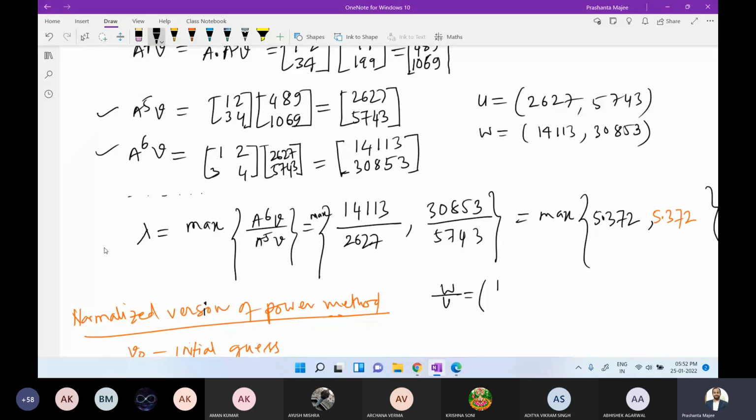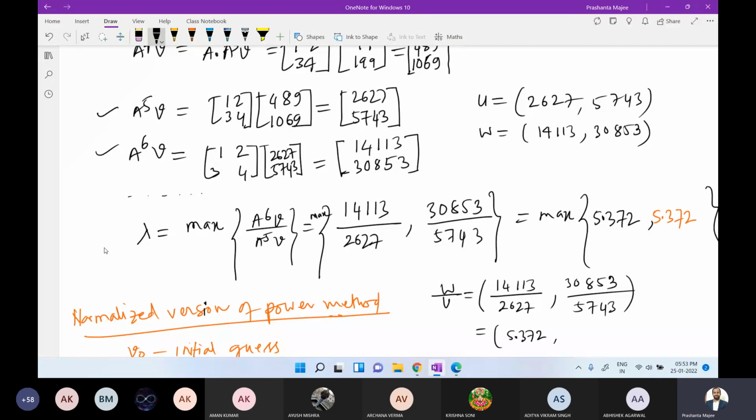So 14113 by 2627, comma, 30853 by 5743. Both of them will come to 5.372.